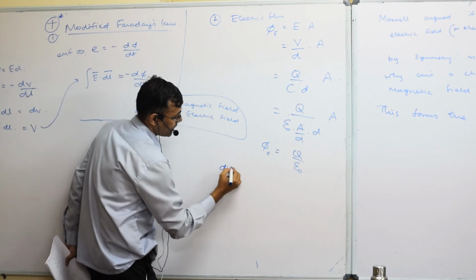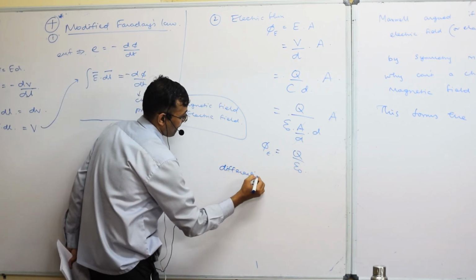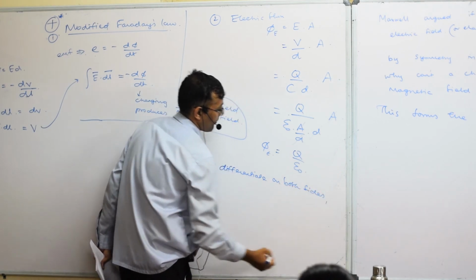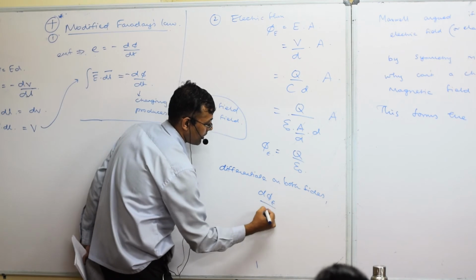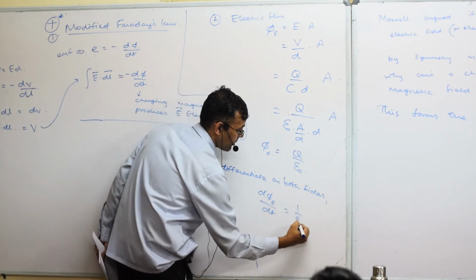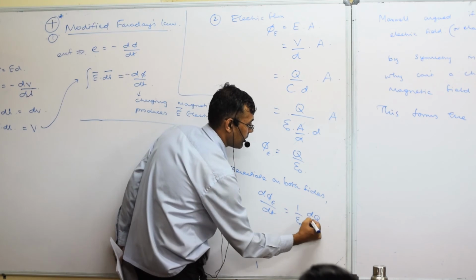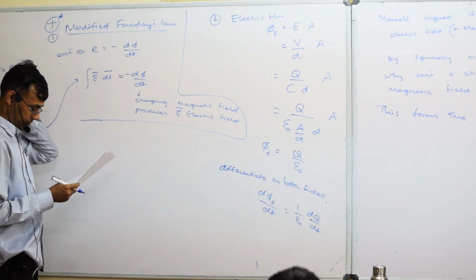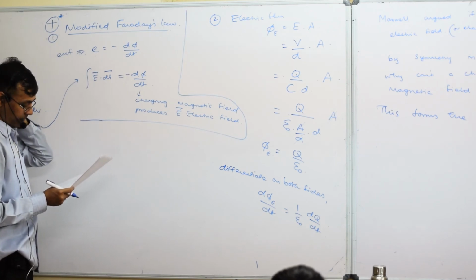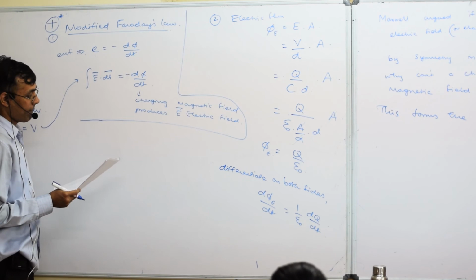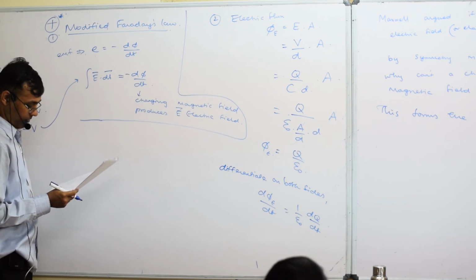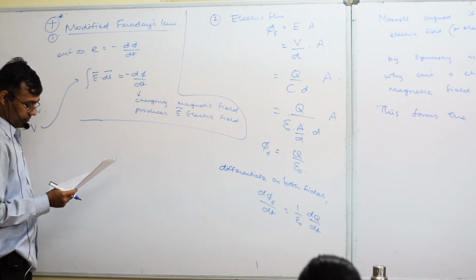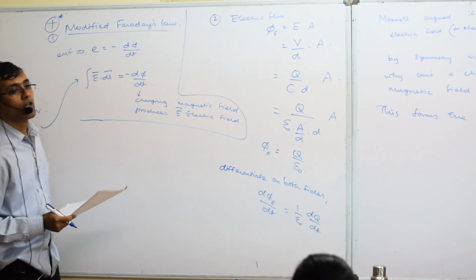I am going to differentiate on both sides. Means I get d phi E by dt is equal to 1 by epsilon naught, which is a constant, so dq by dt. What is q by t?